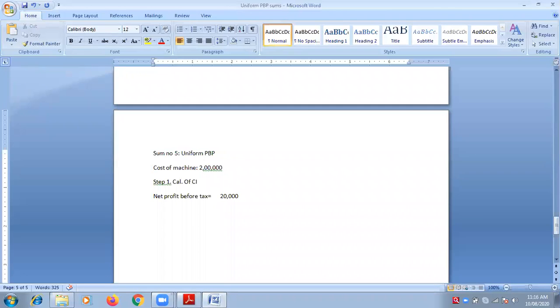What we will do, the next step is what? What is our next step? To deduct tax. To deduct the tax. What is the amount of tax you have to deduct is 35%. So you can write here also, you can write here in the bracket 20,000 multiplied by 35%. 35% was already given in the question.